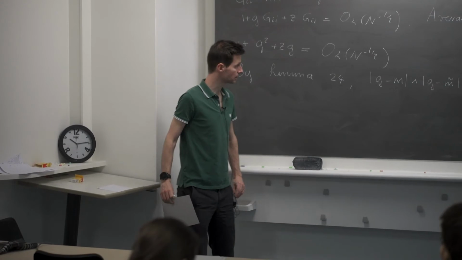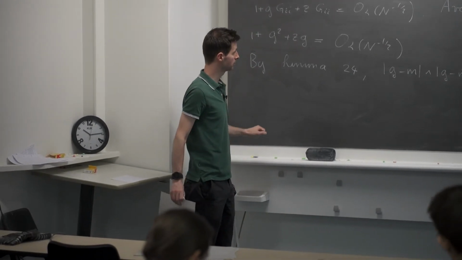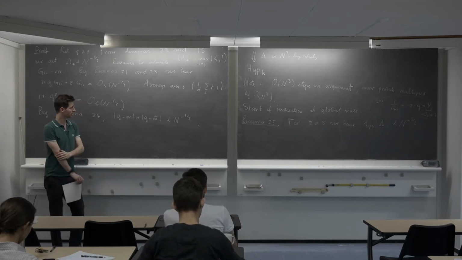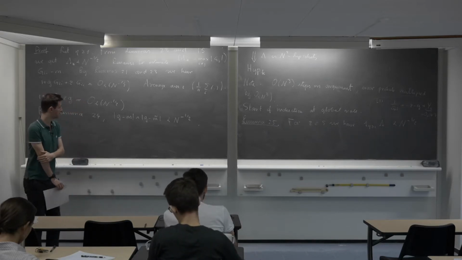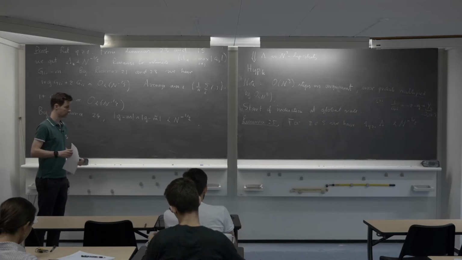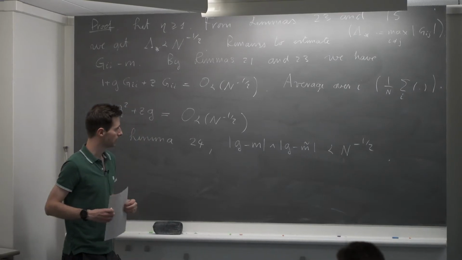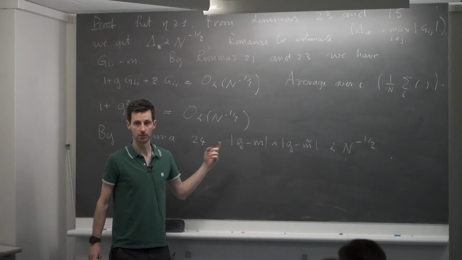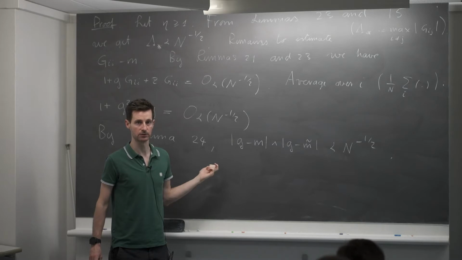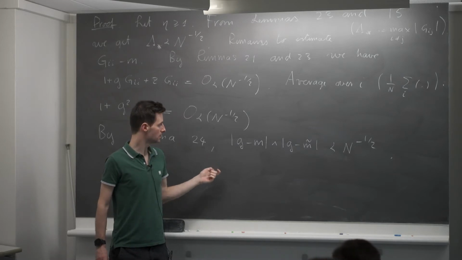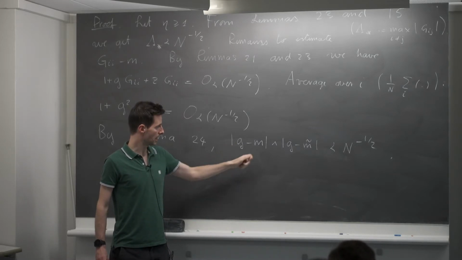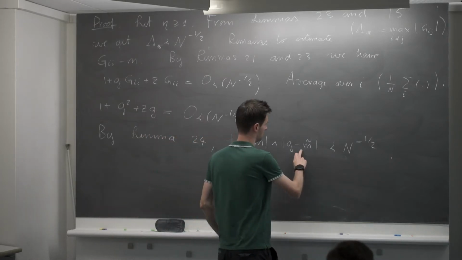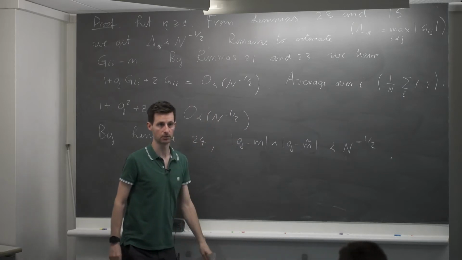Okay, so let's continue with this argument. If you recall, we showed that g is close to either m or m tilde, and we would like to make sure it's really close to m. In general this can be a difficult problem. In this case it's not, because we know that g is the Stieltjes transform of some probability measure, the empirical eigenvalue measure, so it has a positive imaginary part. m, we know, also has a positive imaginary part, and m tilde has a negative imaginary part.